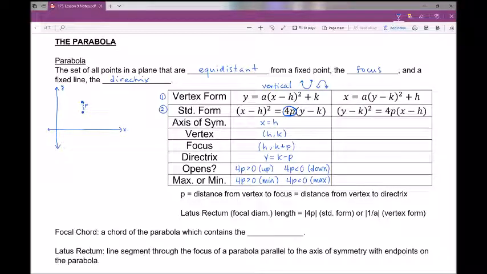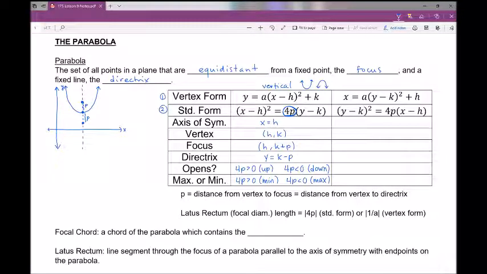The directrix will be the same distance, but in the opposite direction, so this is also p right here. Now let's go ahead and draw a parabola. The axis of symmetry is going to cut that parabola in half. It's a dotted line that connects your focus and your vertex.